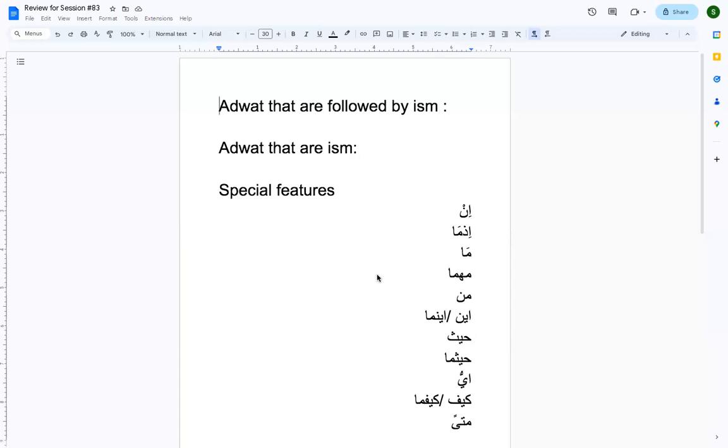So after lawla it is always rough, but after amma it can be rough, nasb, or jar. All three statuses are possible. So this was the first one, the adawat followed by an ism. That is something we have gone over several times, so I don't want to spend more time on it. I only have one minute left.